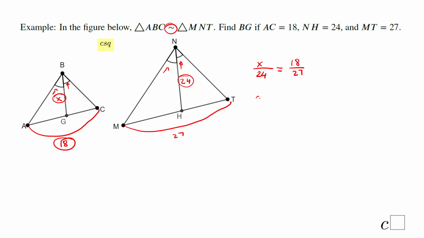So we have here 27 times x equals 24 times 18. I'm going to divide by 27. And I have x equals, again, let's try to simplify, but of course we can grab a calculator and do the math. 27 divided by 9 is 3. 18 divided by 9 is 2. And 3 goes into 24 8 times, so 8 times 2 is 16. That is how much BG is.